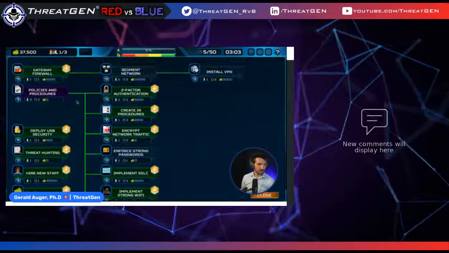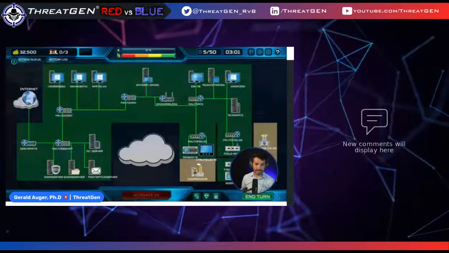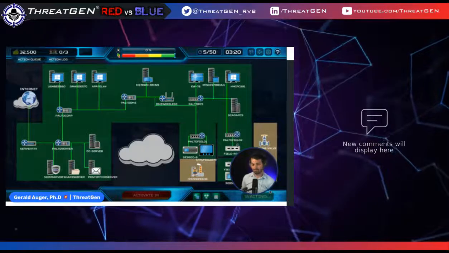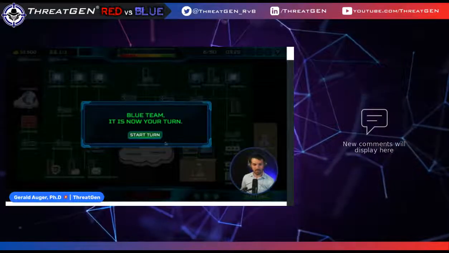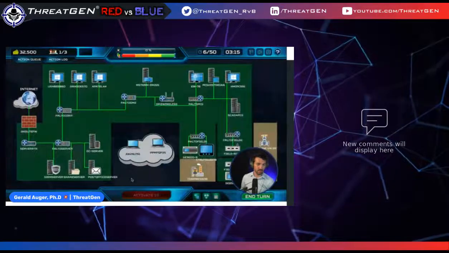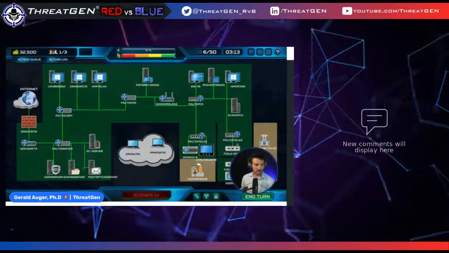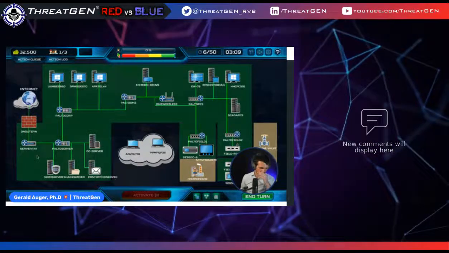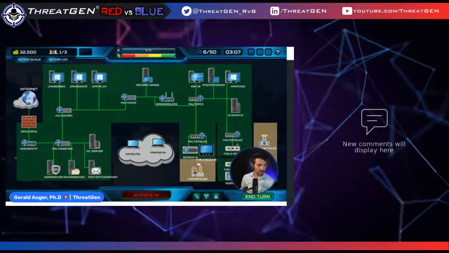Deploy USB. No. Gateway firewall. Yeah. Perimeter firewall installed. We win. Sweet. Get that sweet firewall action. Okay. Now what are we doing? We got one person.